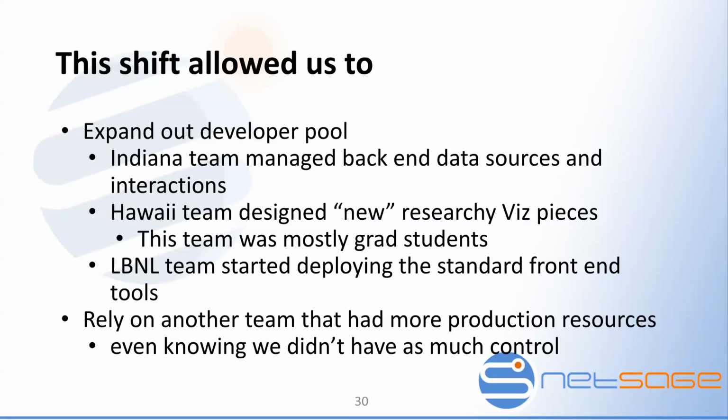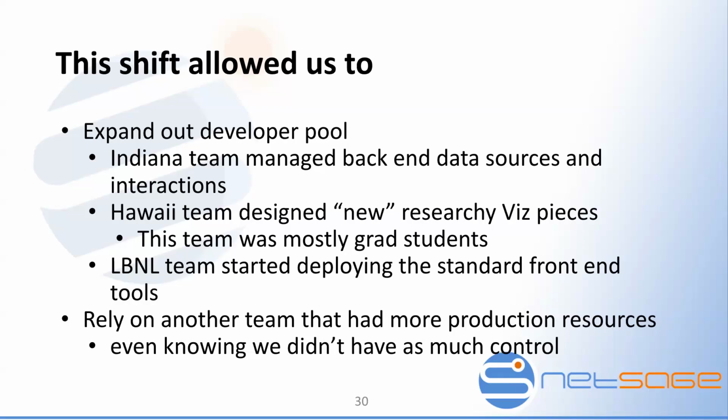This shift allowed us to expand our developer pool. So we shifted things. The Indiana team continued to manage the back-end resources. But the Hawaii team shifted from having to support all of the front end and everything to being able to do more creative researchy things, which was more appropriate for grad students anyway.